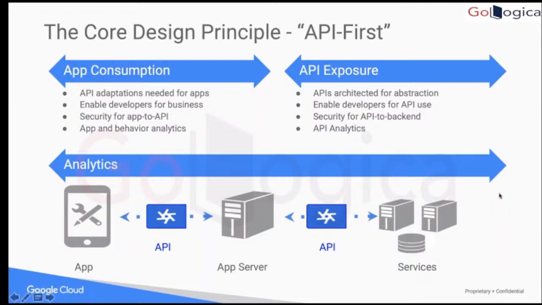The next important point is the security from your API to your backend. The backend is going to be exposed only to your gateway layer. It is not going to be exposed to all those mobile apps, right? Apps only consume something on the API gateway, and then your API gateway or API management platform talks to the backend.